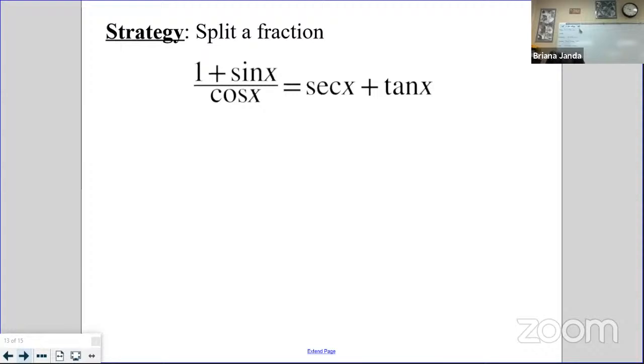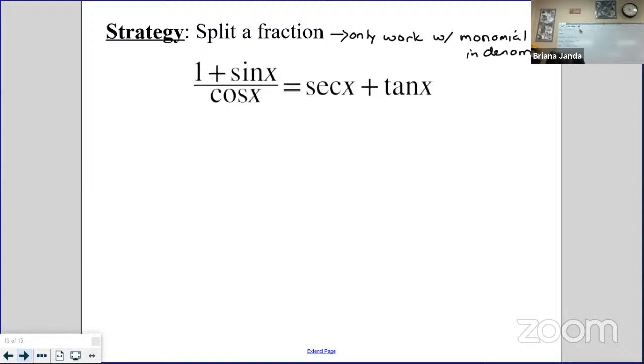Splitting a fraction. One of the strategies to doing this is splitting a fraction. Very honestly, I would probably have gone the other direction, but to talk about this strategy of splitting a fraction, notice that this is one fraction and this is 2 separate terms. To split a fraction, it will only work with a monomial in your denominator.